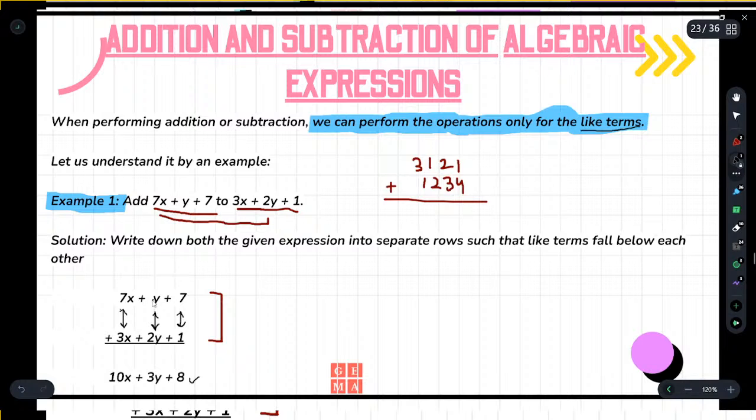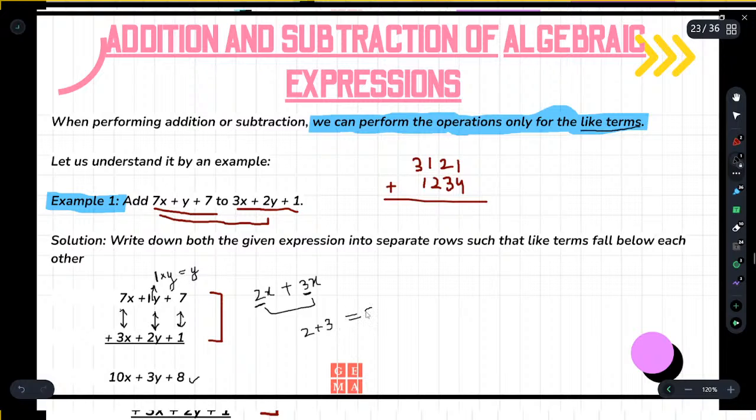The coefficient of y is 1, right? 1 into y is y. So the coefficient of y is 1. Now when we add two like terms, we add their coefficients. What do I mean by that? 2 plus 3 is 5.